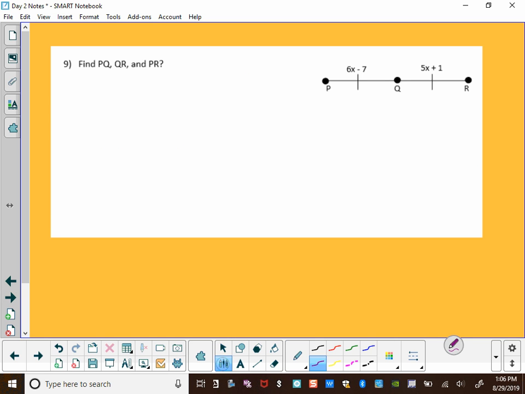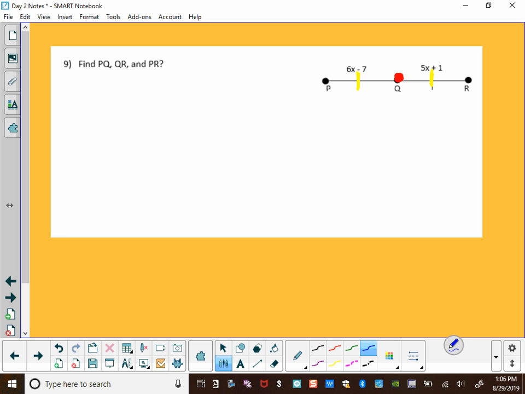Here's an example. It's the last page. It says find PQ, QR, and PR. All right, out of P, Q, and R, which one's the midpoint? Q is the midpoint. So what does this hash mark and this hash mark tell me? They're going to be the same. Good.